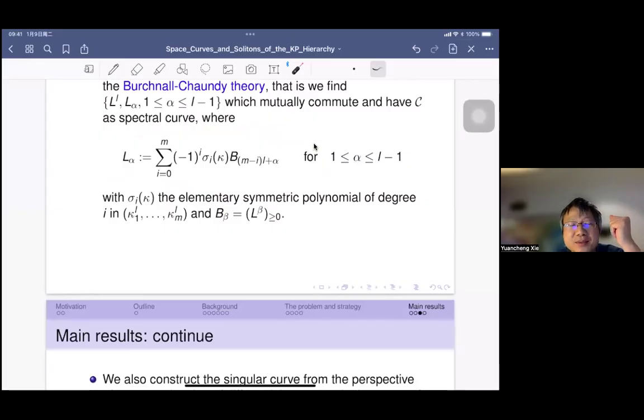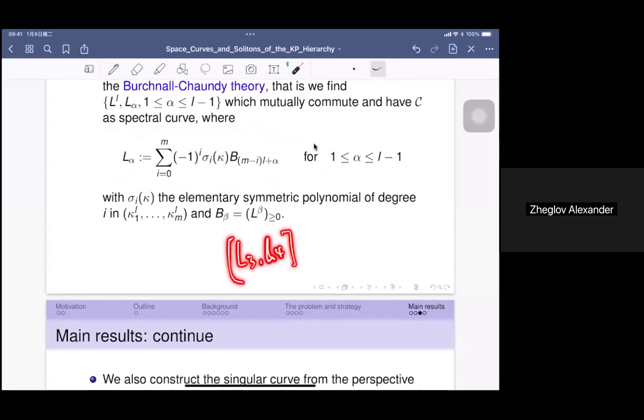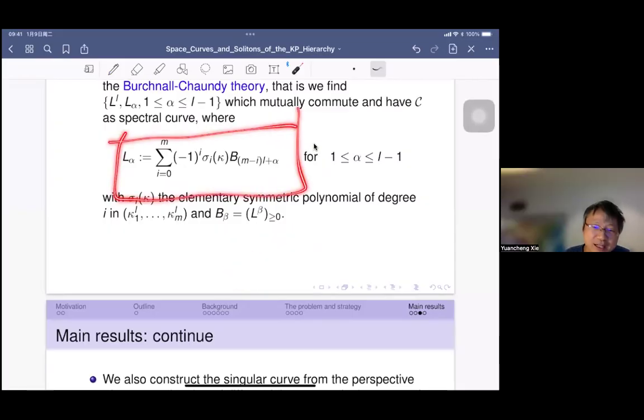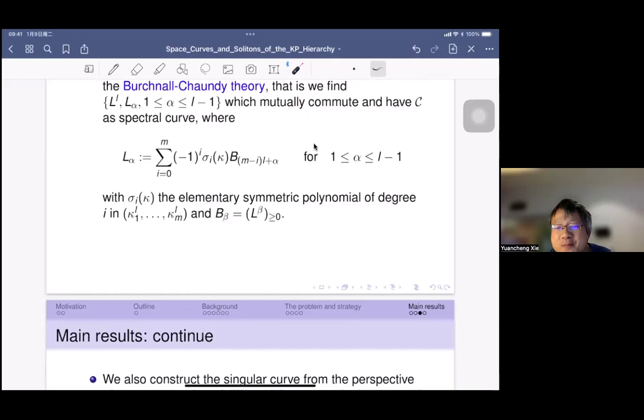And degree 3, degree 4 was already a paper in the 1990s, a full paper calculating when L3 and L4 commute. So that's already a paper. But here we give a bunch, and L can literally be an arbitrary integer.